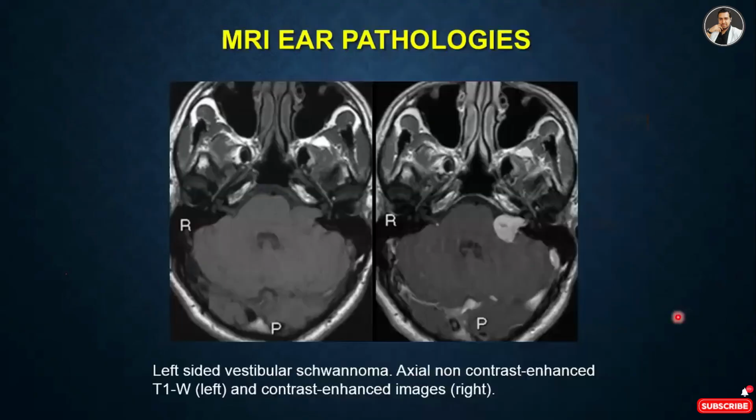Now we come to the pathology. In the first image, in this part of the ear, in the cerebellum, in the cerebellopontine angle, we can see an abnormal mass lesion.